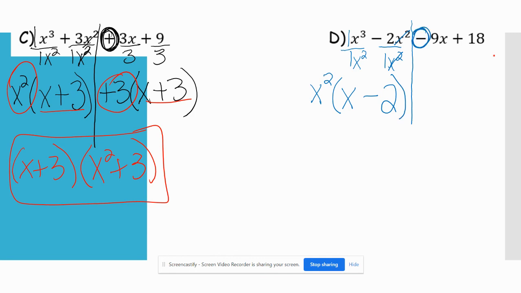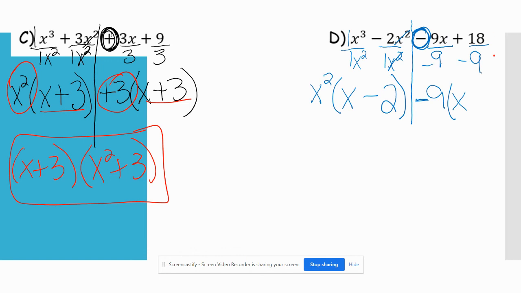On the right side of our wall is a minus sign, so that's what we're starting with down here. Our common factor between 9x and 18 is 9. We cannot pull out the x because the 18 does not have one. So we're taking out a negative 9. Negative 9 over negative 9 is a positive 1 with that x.